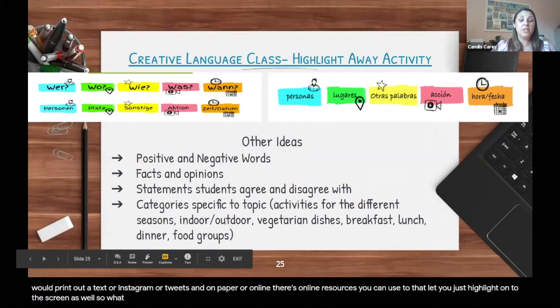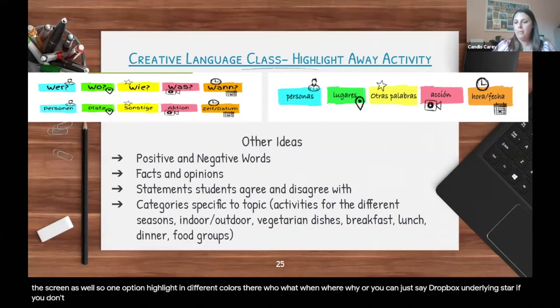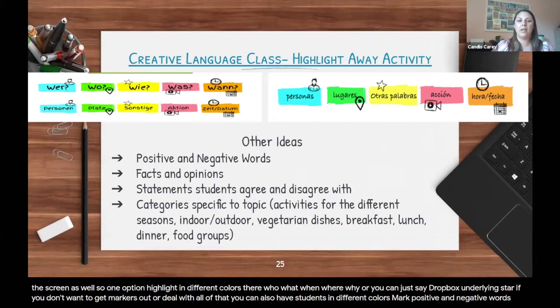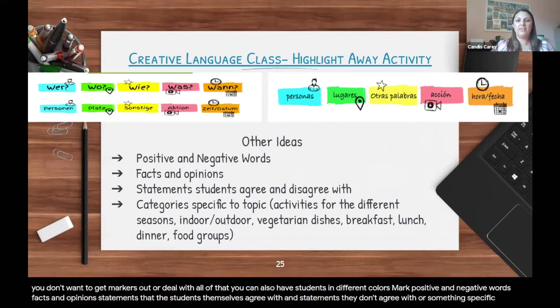So one option is you could have students highlight in different colors their who, what, when, where, why. Or you can just say draw a box, underline, star, if you don't want to get markers out or deal with all of that. You can also have students in different colors mark positive and negative words, facts and opinions, statements that the students themselves agree with and statements they don't agree with, or something specific to the topic you're doing.